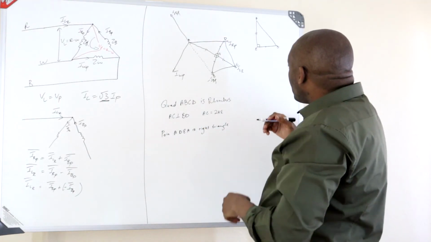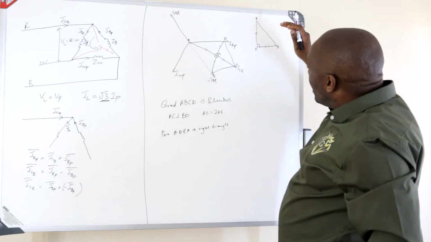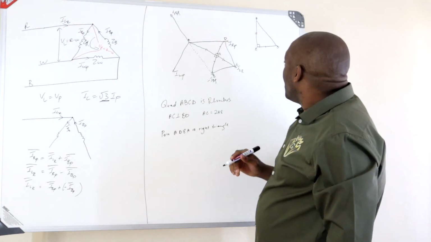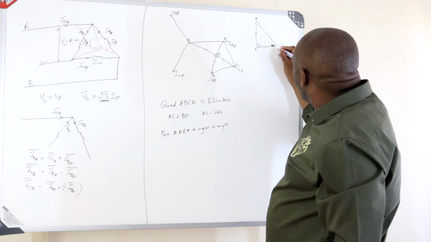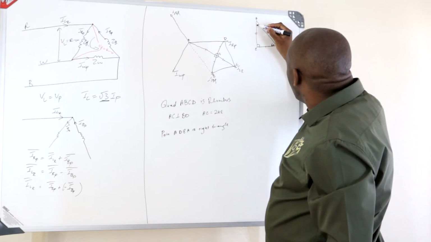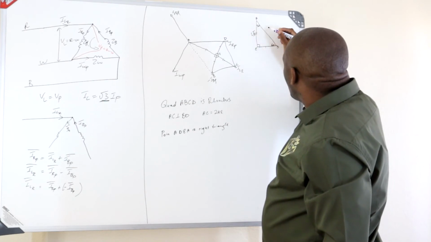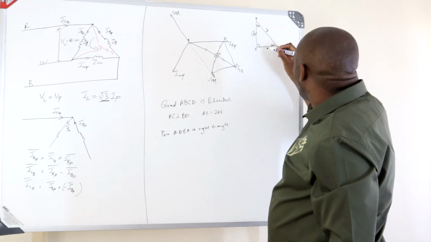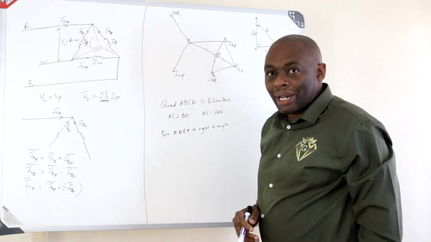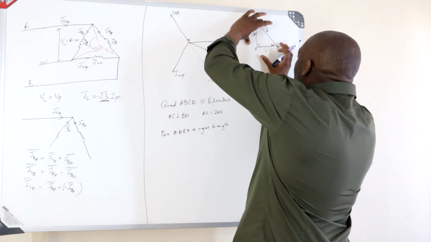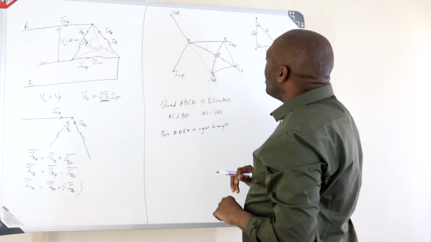So from our knowledge about this in trigonometry functions, we know that the angle here is 60 degrees, the angle here is 30 degrees, here we have the square root of 3, here we have 2, and then we have 1. So I'm going to take this triangle here and put it back there.